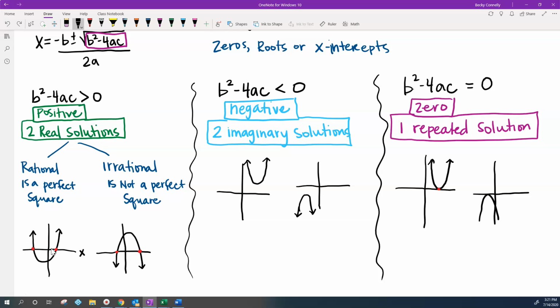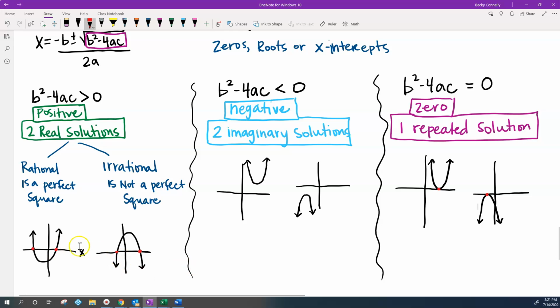Okay, and you'll see, if this comes out to be 0, we'll do an example here in just a second so you can see what happens and maybe what I mean a little bit more by one repeated solution.